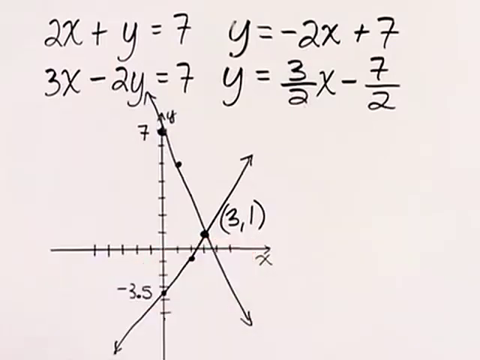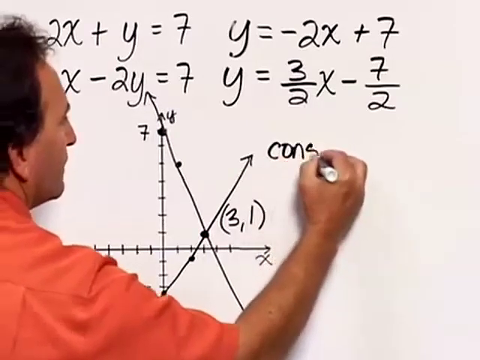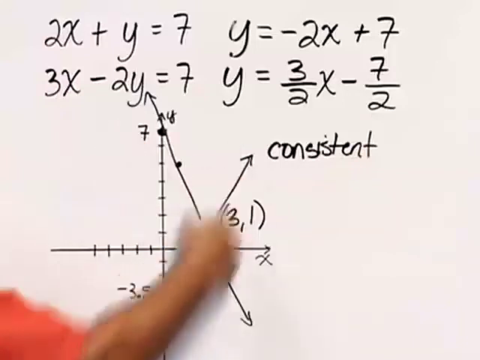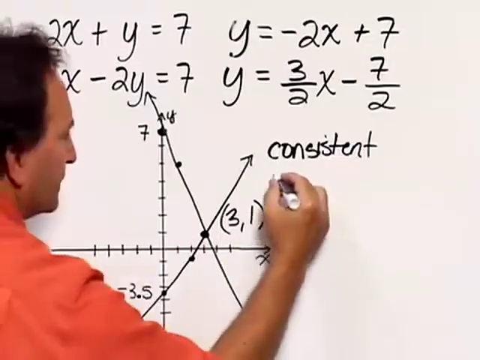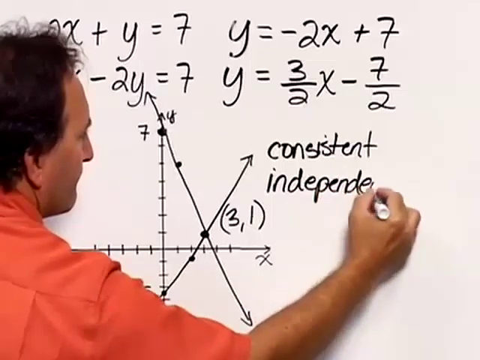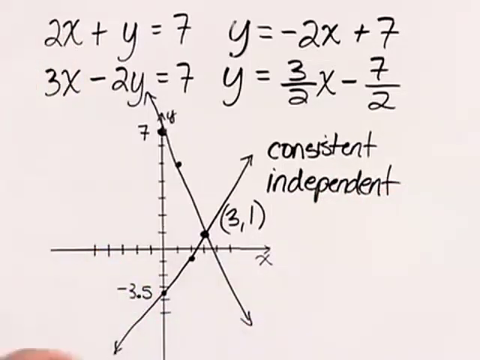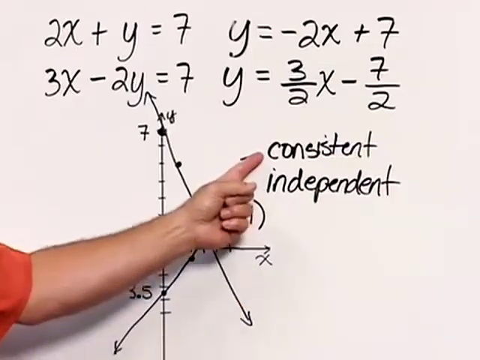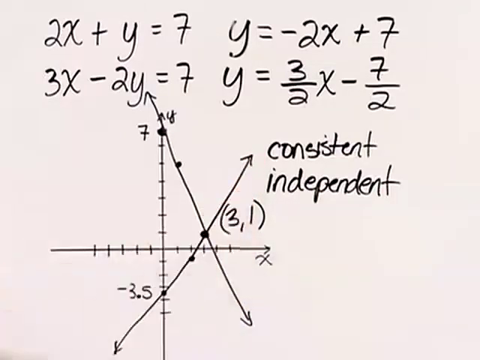The equations are independent because we only have one solution, so independent. So again, the solution is 3, 1. The system is consistent because we get an answer and the equations are independent.